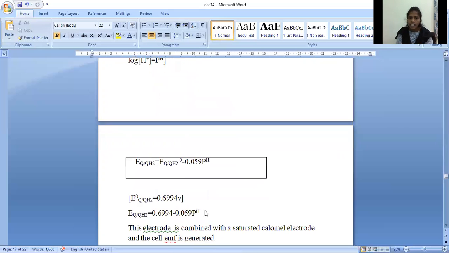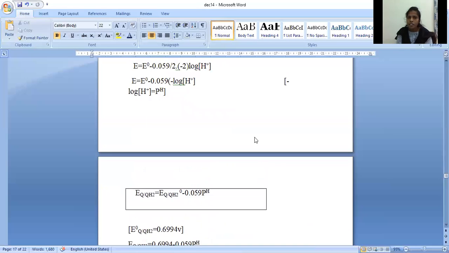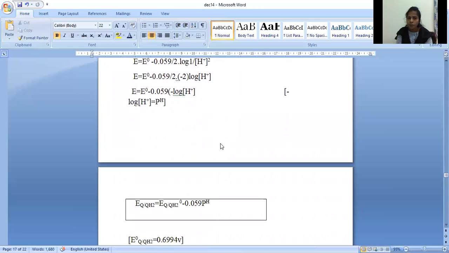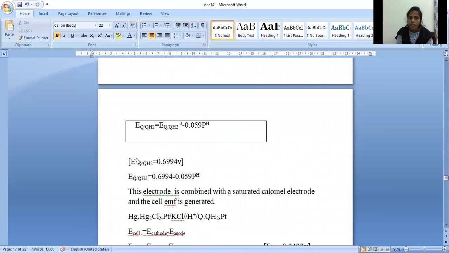But we know what E naught is. We have seen here E naught is nothing but 0.6994. So E naught of quinhydrone is 0.6994 volts. So when we substitute 0.6994 volts in place of E naught, we will get E_Q is equal to 0.6994 volts minus 0.059 pH. Yes.